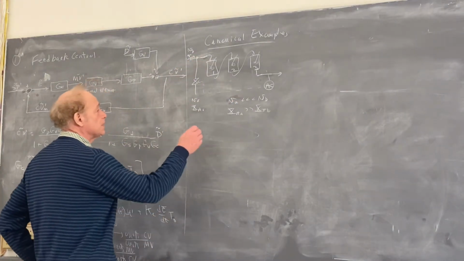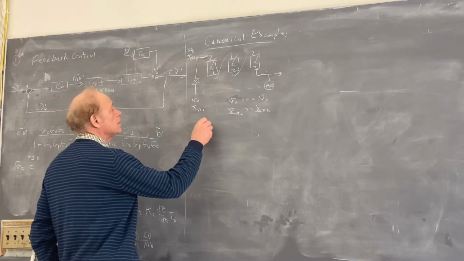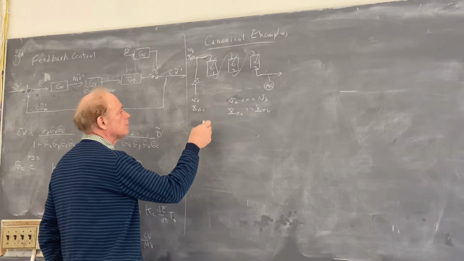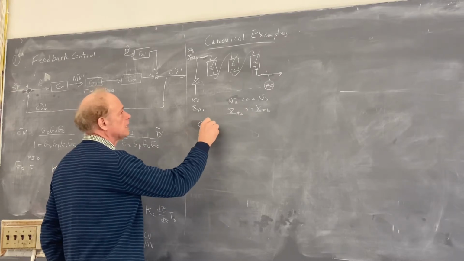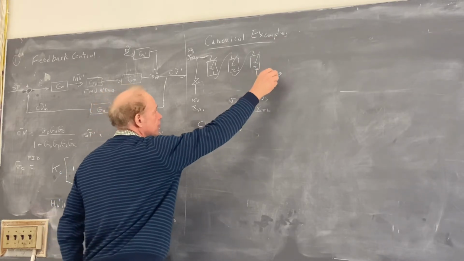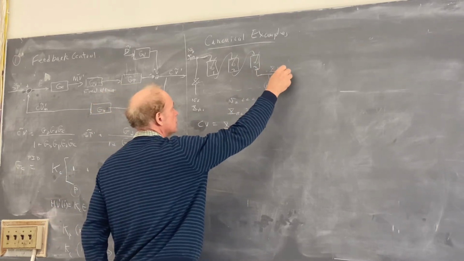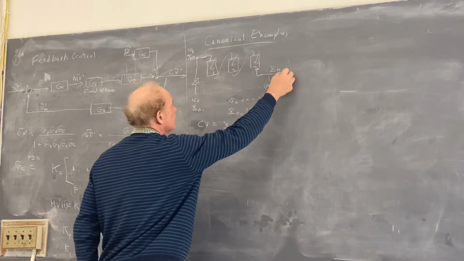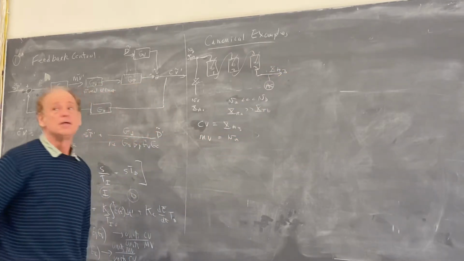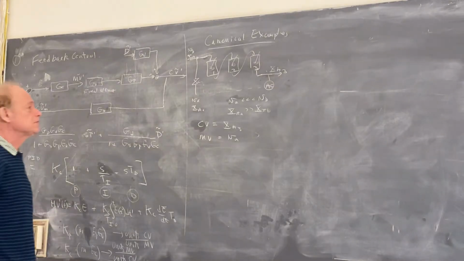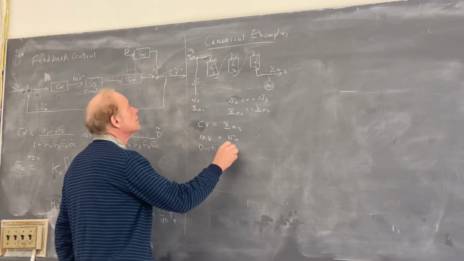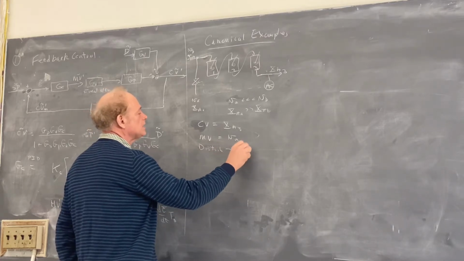The control variable in this case is XA3, what comes out here. The manipulated variable is VA. And typically there's a disturbance to XAB.